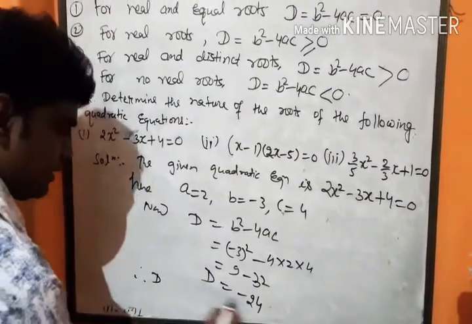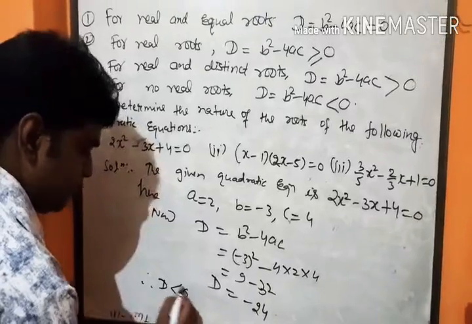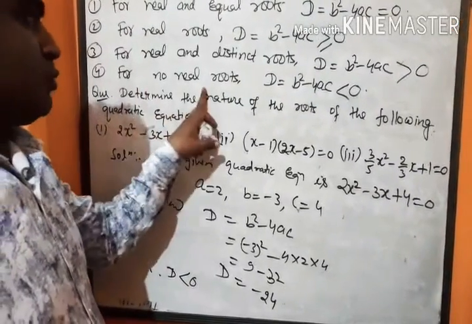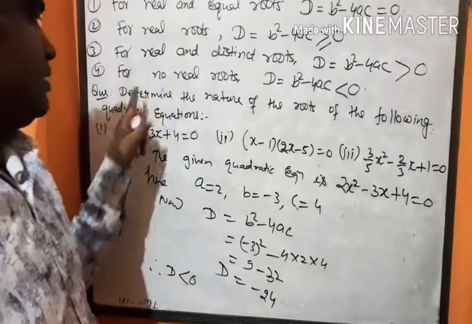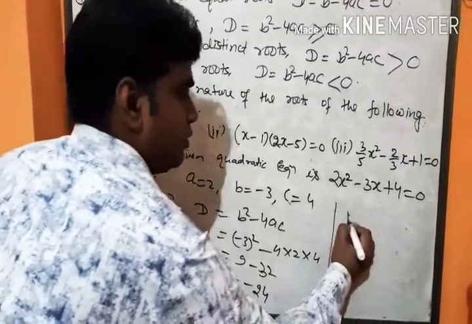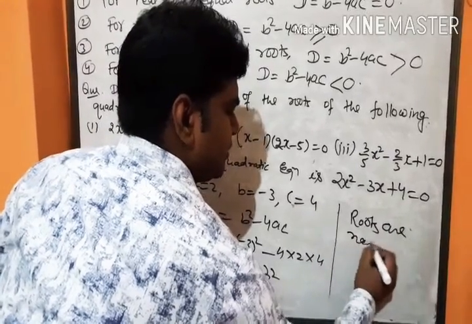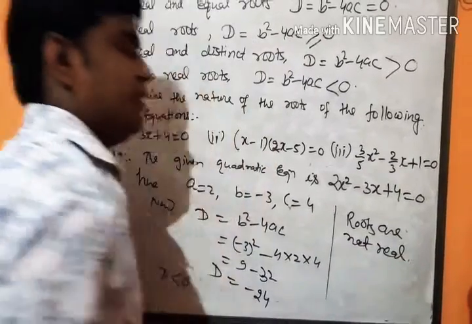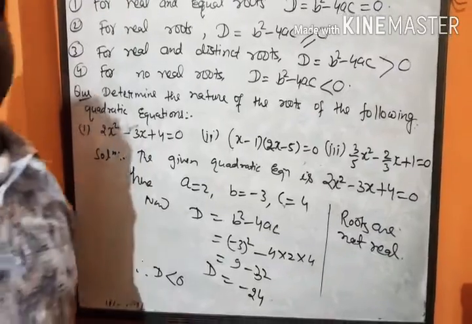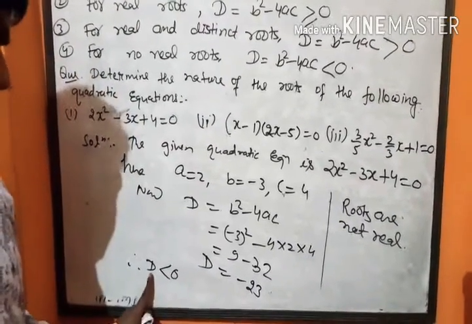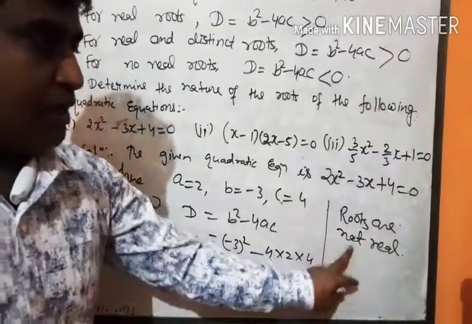Therefore we can say that d is less than 0. So whenever d less than 0, in such condition the roots are non-real. It means roots are not real. Not real, it means that the roots are imaginary numbers.